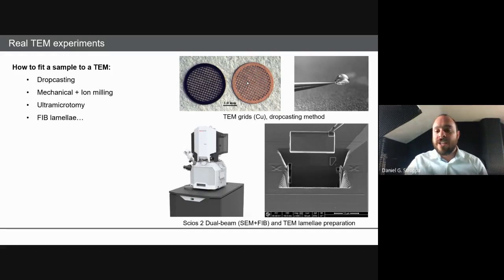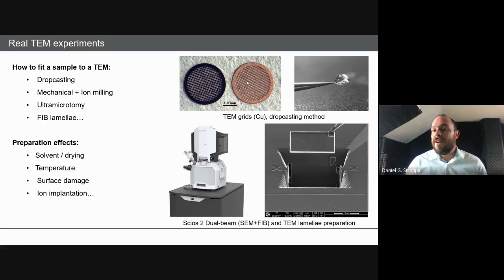Then there's the question of putting it inside the TEM. In the TEM, you have a high vacuum level. And you can imagine that the sample is going to suffer. Imagine that you're placing your sample inside a low pressure environment. There are some ways to go around this. Basically, you can keep the sample in a liquid environment or even a gas environment. Those are called in situ experiments.